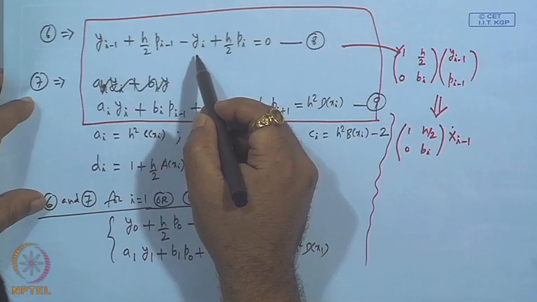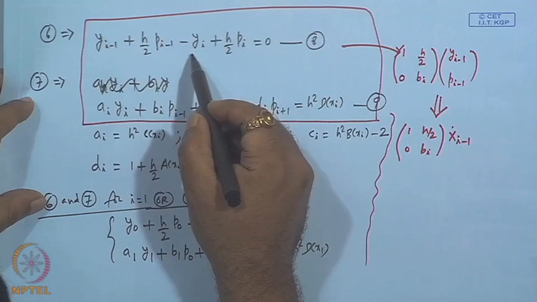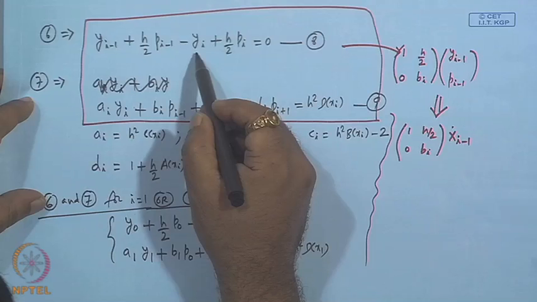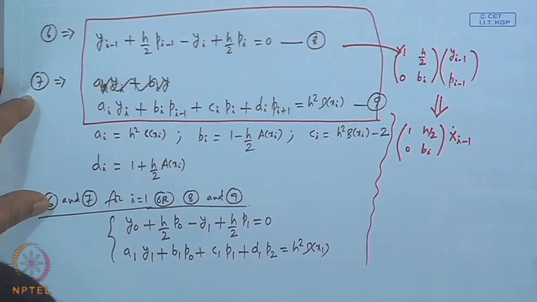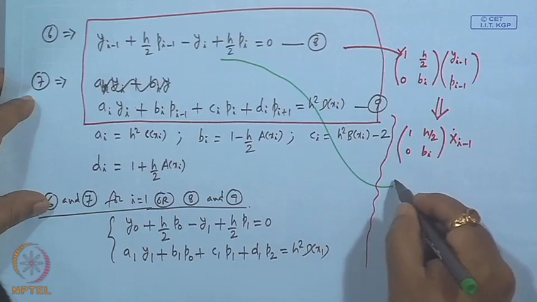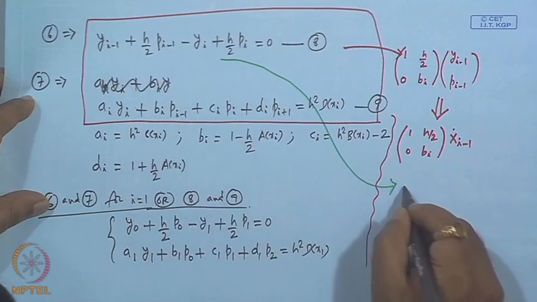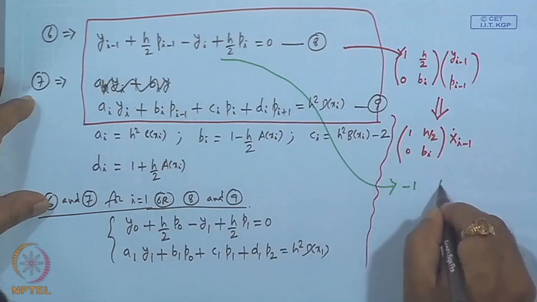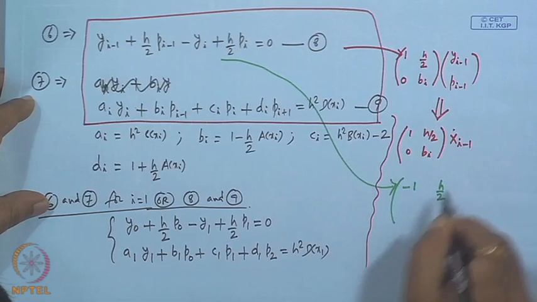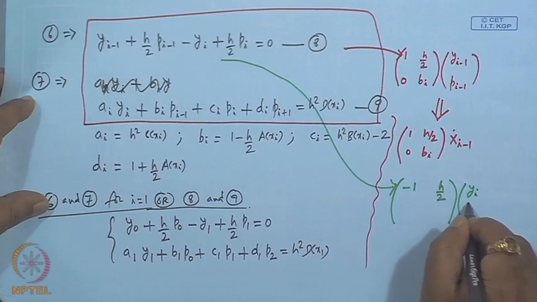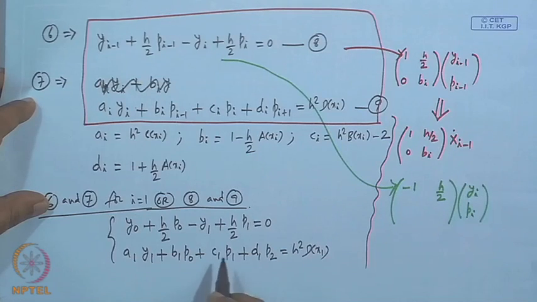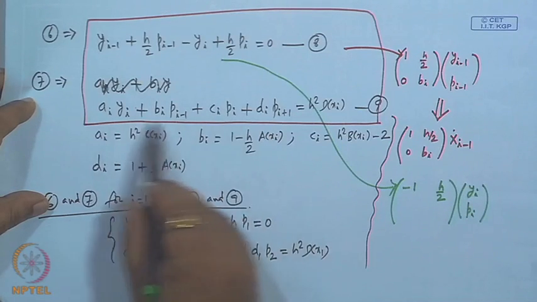So, here we have minus 1 for y I, h by 2 for p I. So, which means this minus 1 there, h by 2 there, this is multiplying y I, p I. Look at this and what is multiplying here?